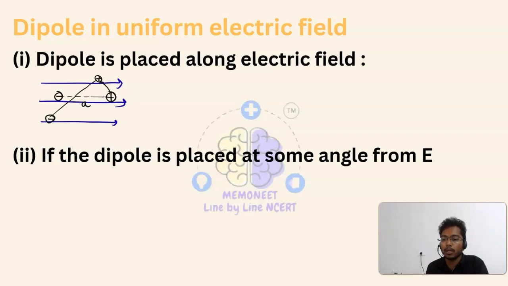What will happen? The electric field is from positive to negative. The force on the positive charge is in the direction of the field, leftward to rightward, and the negative charge is pulled the opposite way, so the dipole will come back to its original position.